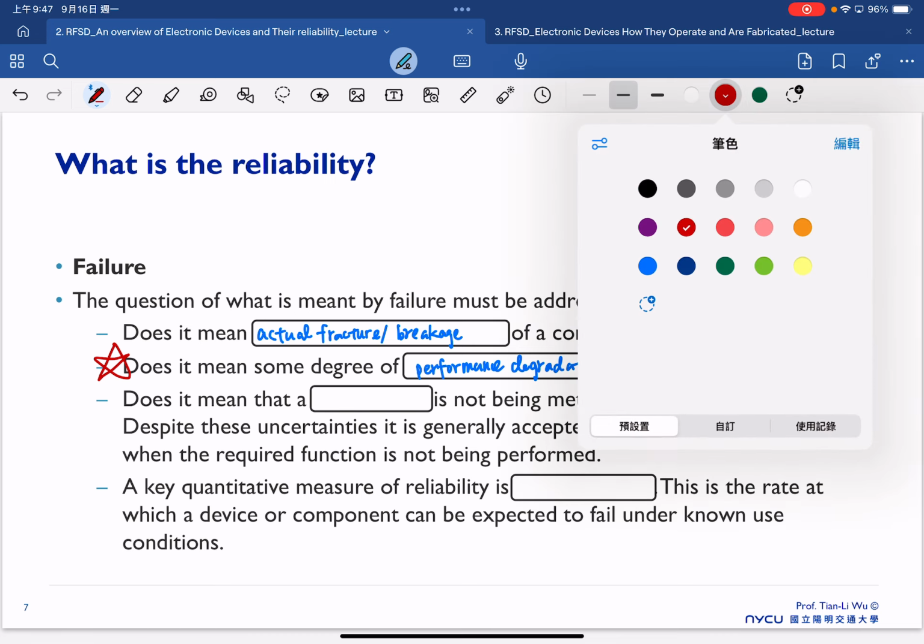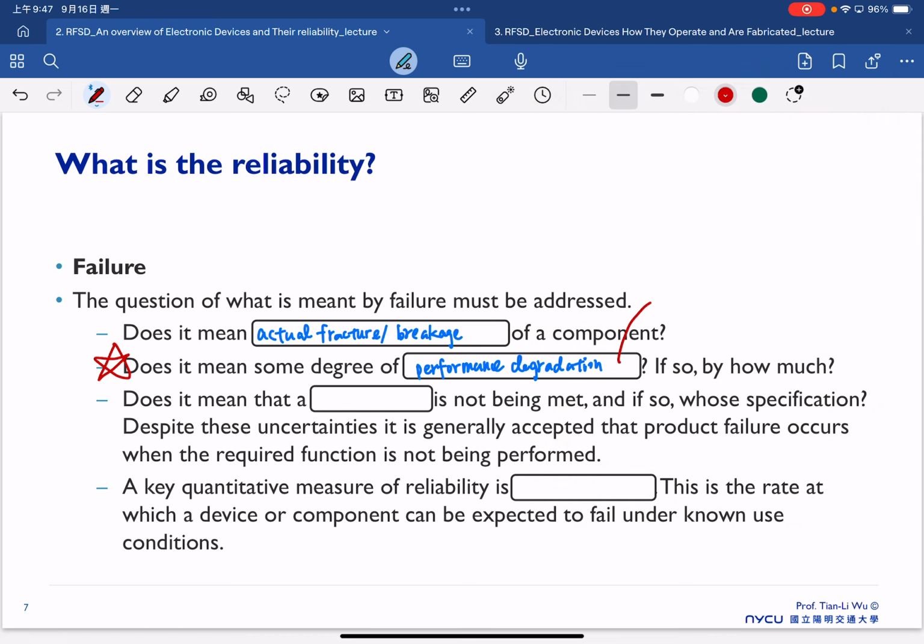For example, the performance degradation is for sure a certain degree of shift, and it can usually be defined by the engineers. For example, we can define the degradation such that our threshold voltage shift has become larger than 0.1 volt.